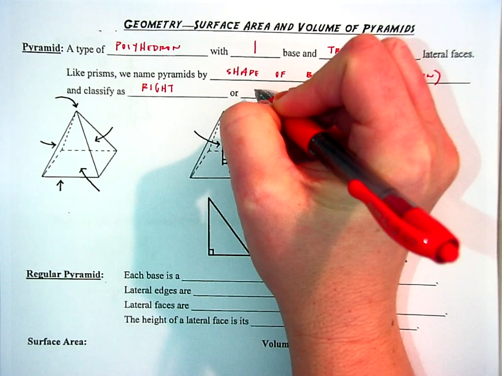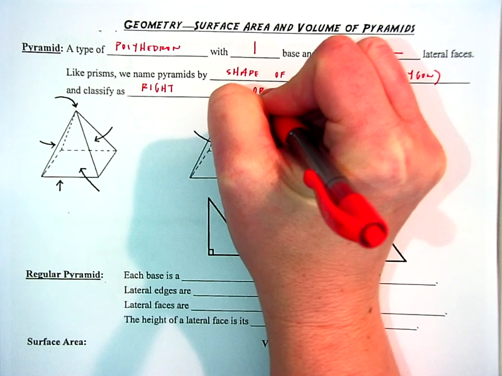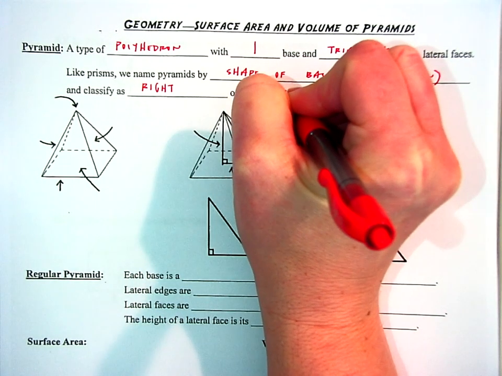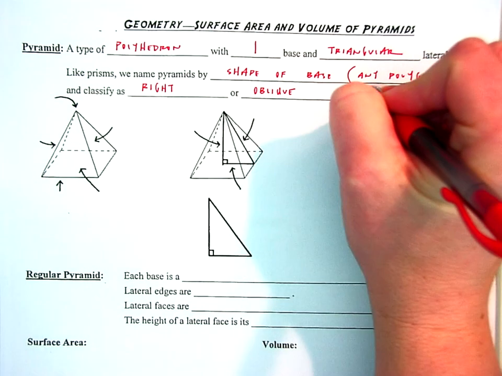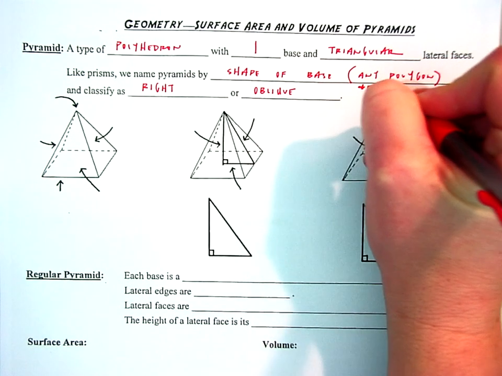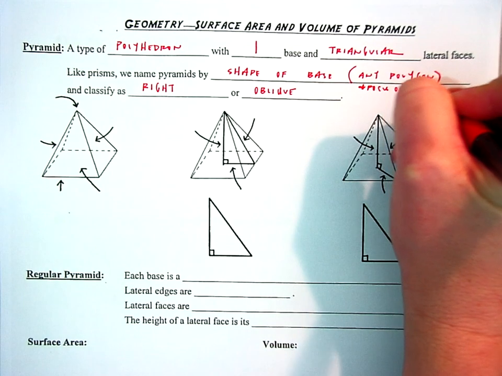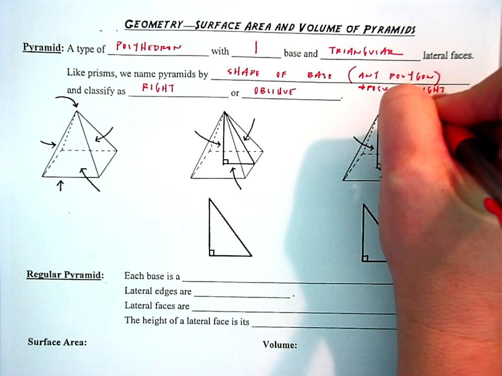We can classify as oblique. If it was oblique, it just has that slanted appearance to it. But in this class, we really are going to focus on our right pyramids, just like all the other shapes.